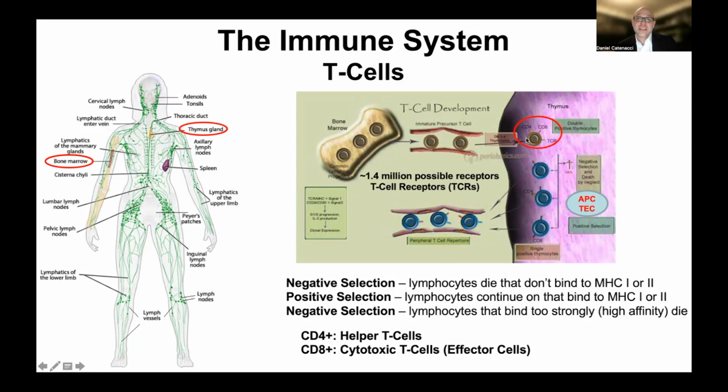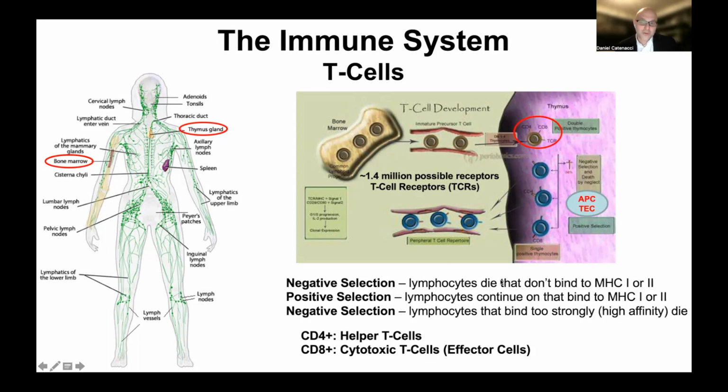And once a T cell is expressing one specific receptor, that's the only receptor that it will have, but we have millions of different T cells that will each be expressing its own unique T cell receptor. And only a subset of those will get through the selection process in order to have these properties.